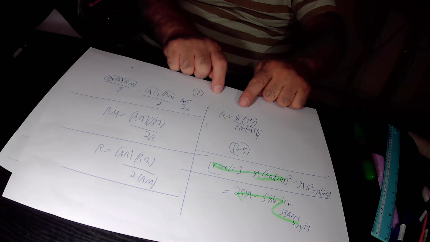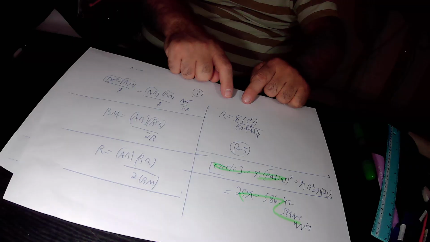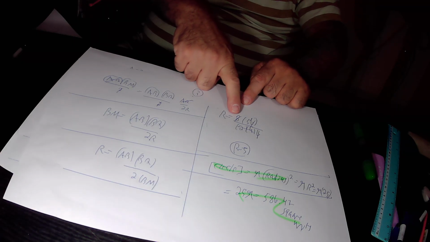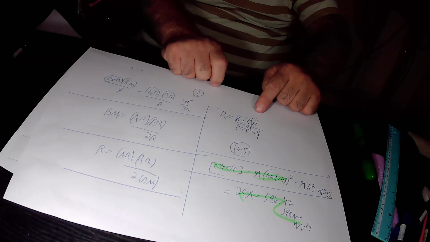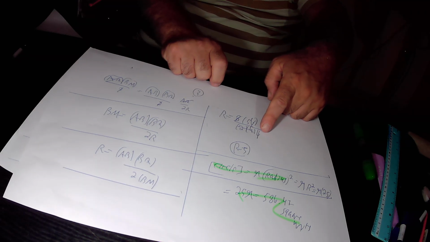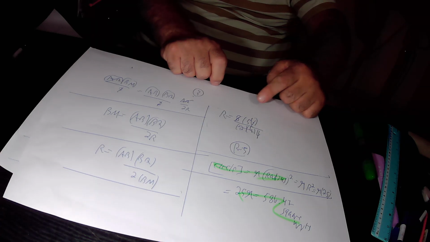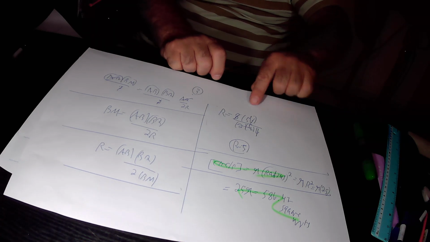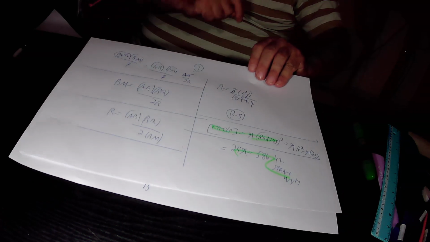We have 8 in the numerator and 8 in the denominator, because 2 times 4 is 8, so 8 will cancel with 2 times 4. And B will cancel with B. We have B in the numerator and the denominator, so B will get cancelled, and we are left only with 5. So in total the radius of this circle R equals 5 units.